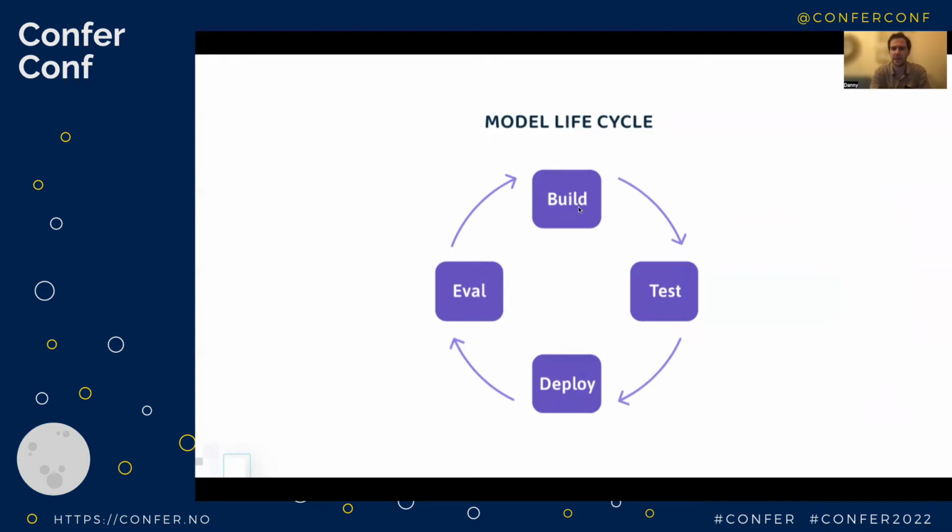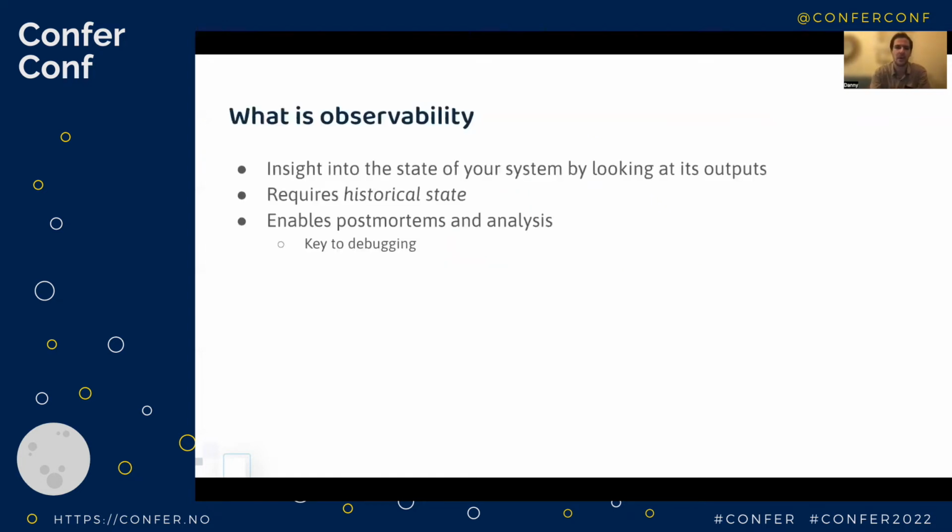We want to build and then test and then deploy and then evaluate our machine learning models. And once we're done evaluating them, we can go back and build another one and test it and deploy it and evaluate it and continue the cycle, to make sure that our machine learning models are not just continuing to perform well and not just avoiding failure opportunities, but also improving and continuously getting better. Which brings us to, what is observability?